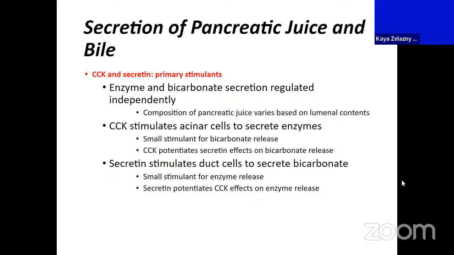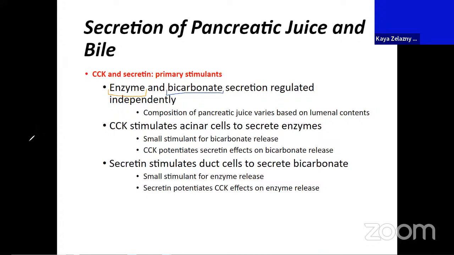When we are thinking about these two pieces of pancreatic function, the two components of the pancreatic juice, we're going to think about them separately. We're going to be thinking about those enzymes from the acinar cells, and the bicarbonate from the duct cells.